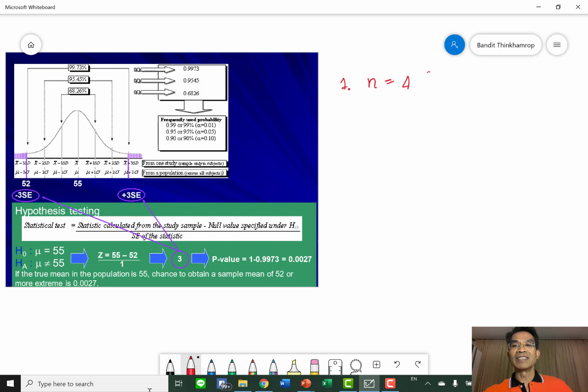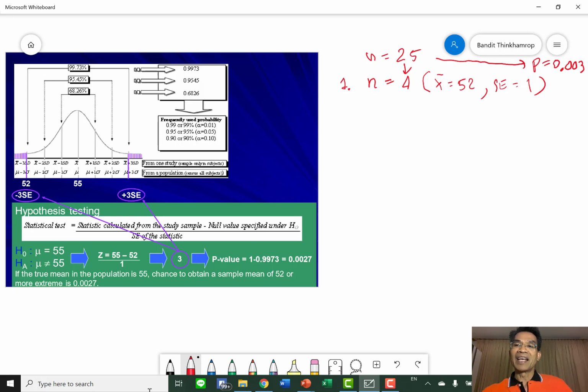Everything is the same, meaning the x bar equals 52 and the SE equals 1. Now just change the sample size from 25 to 4. The earlier one gave a p-value of 0.003, right?